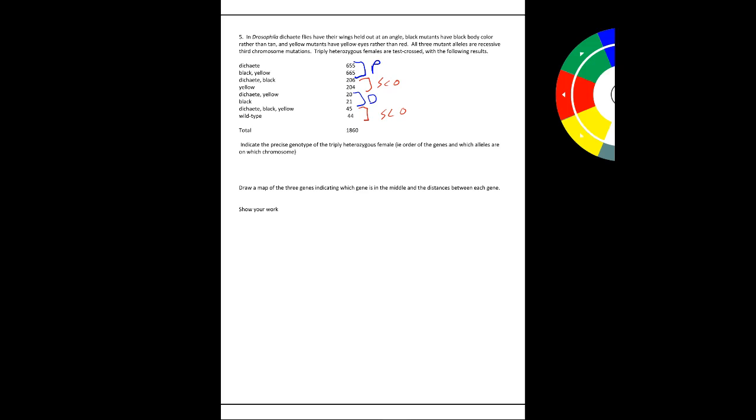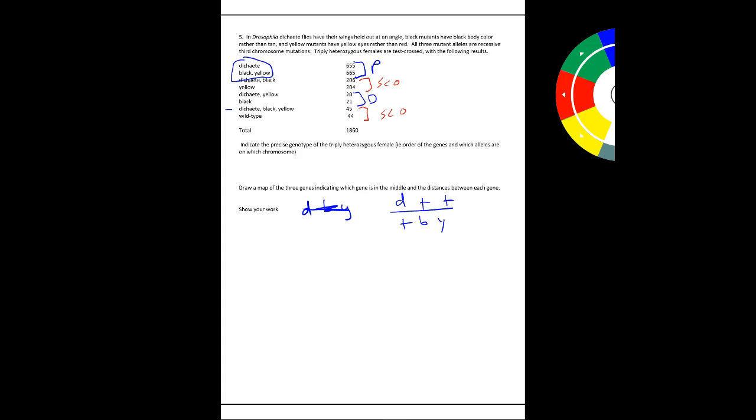I don't even think you have to write out all of the genotypes ahead of time. If you just say D, B, and Y is going to be our order because of this, just the ones that are all written together, this tells us that D is on one side, B and Y are on the other side.